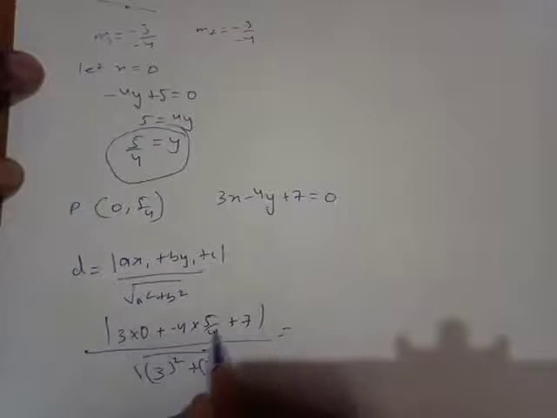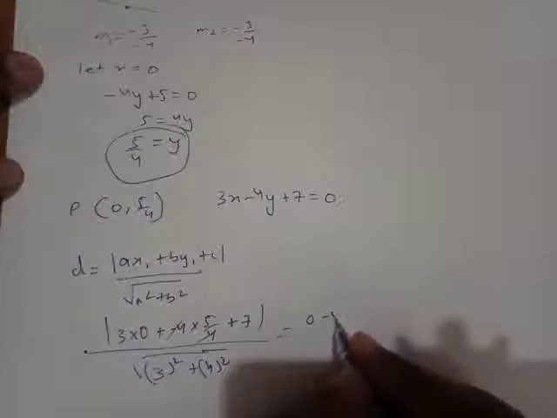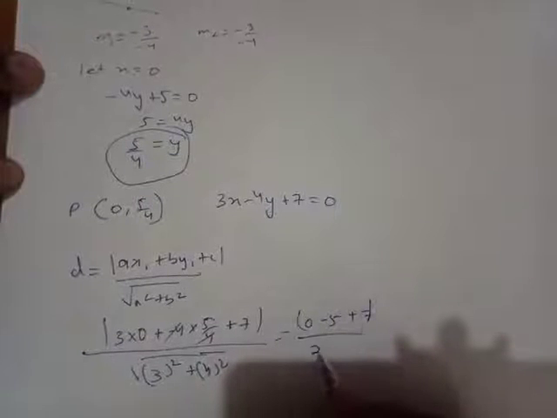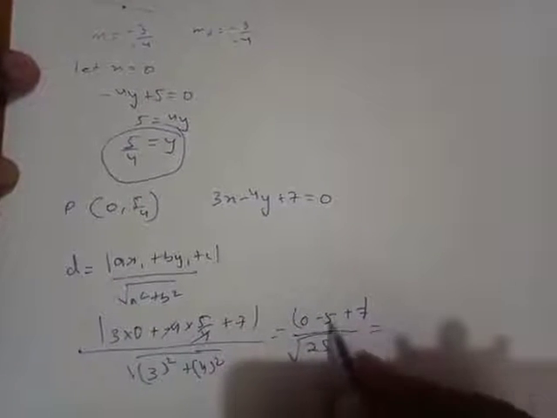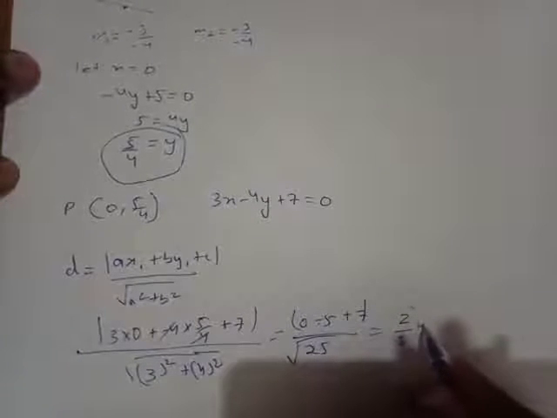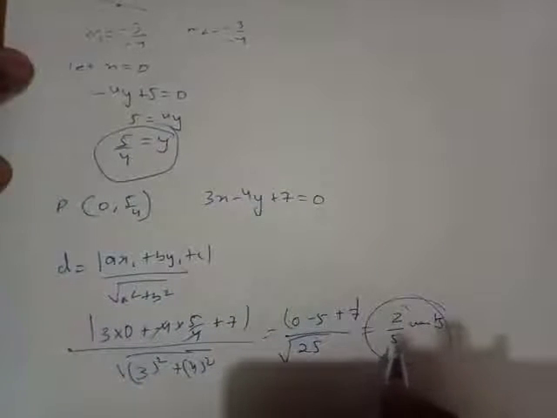And then 4 and 4 get cancelled out, so it's going to be 0 minus 5 plus 7. So what will I get? Over 25, right? So minus 5 plus 7, that is going to come 2 over 5 units. That's the distance between the two parallel lines, and that's how you find the distance between two parallel lines.